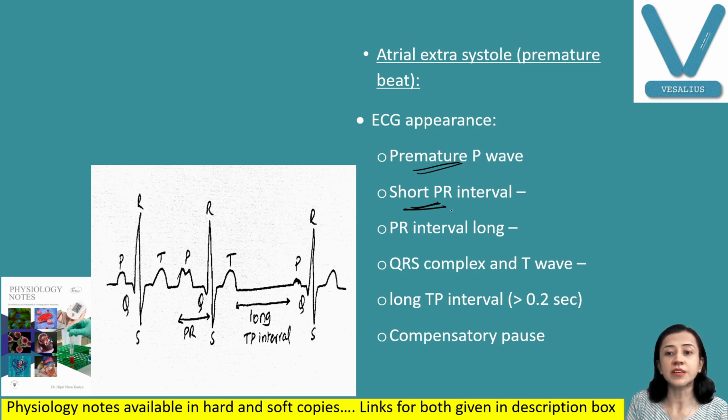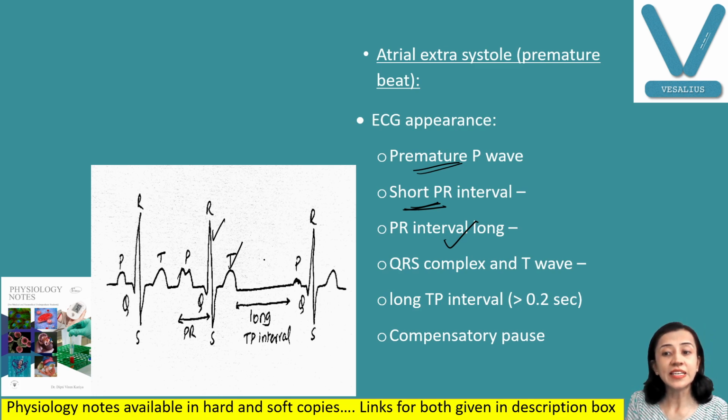Why a short PR interval? If the ectopic focus is from the atria, your P wave is premature and the PR interval is short. But if the extrasystolic excitation has taken an abnormal pathway to reach the AV node, there may be a long PR interval. Then the QRS complex and T wave are normal, as you can see here.